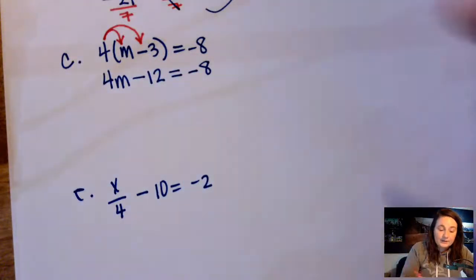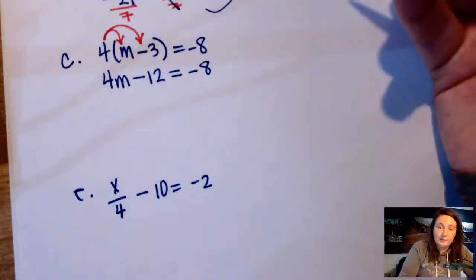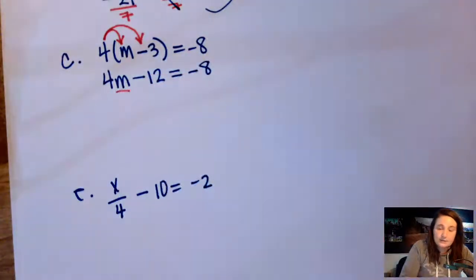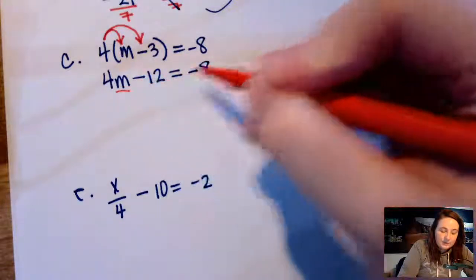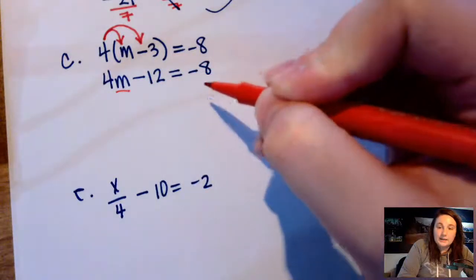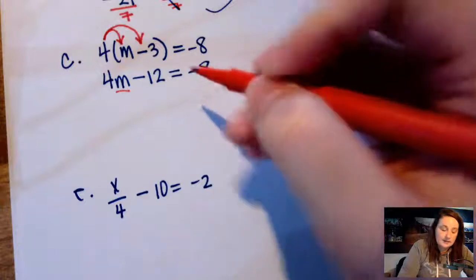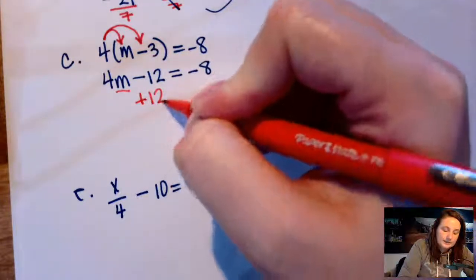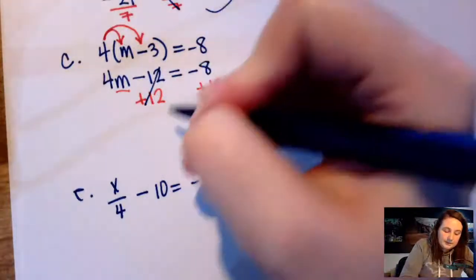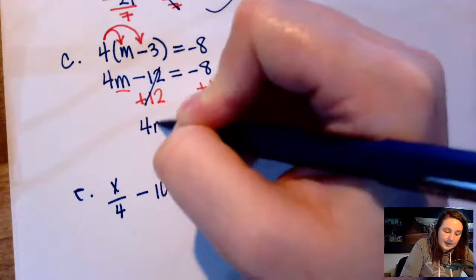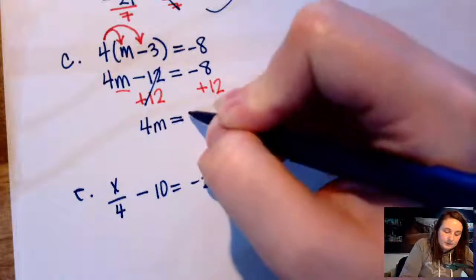Then you're going to solve it the same way that we did with the problem before, where we're trying to get m by itself, and we're working outside in. In this case, only one of these is friends with this minus 8. Since minus 8 is a constant, I want to move my constant by adding 12 to both sides. So I get 4m equals 4.